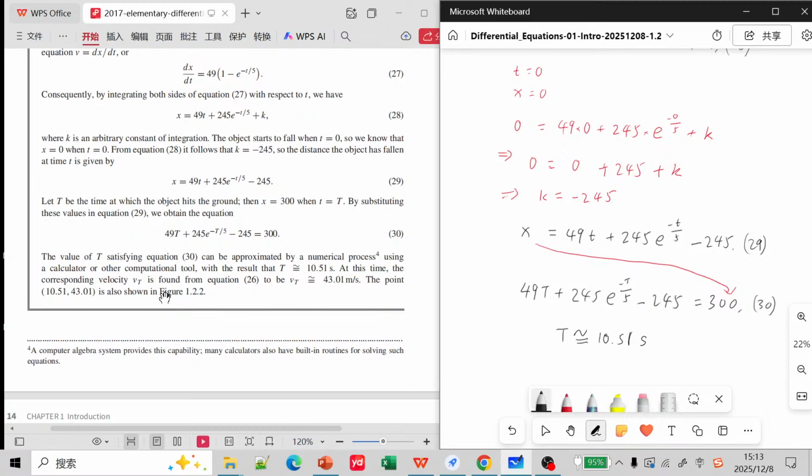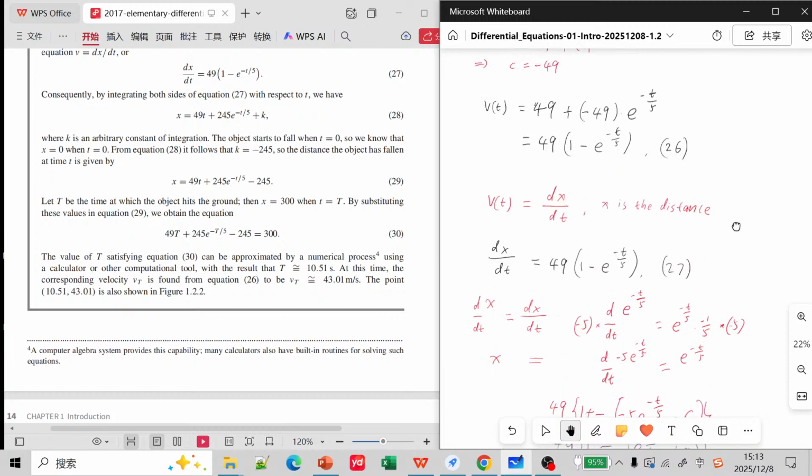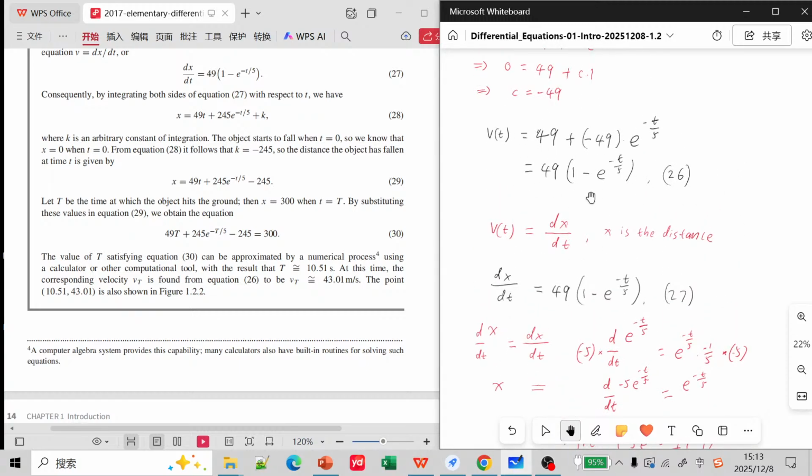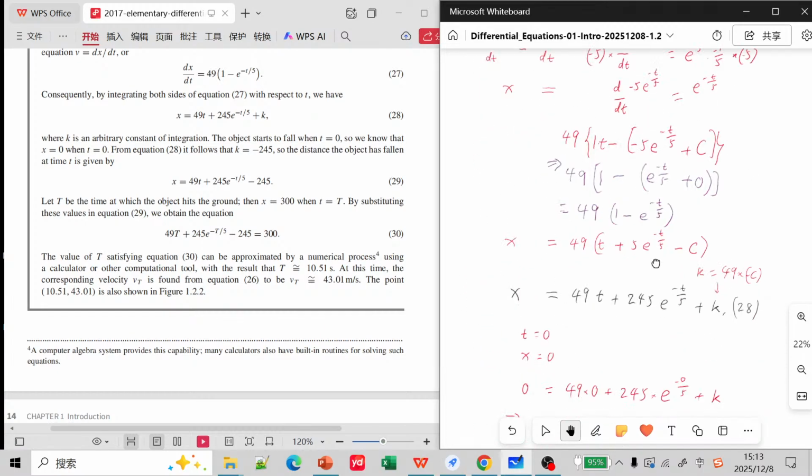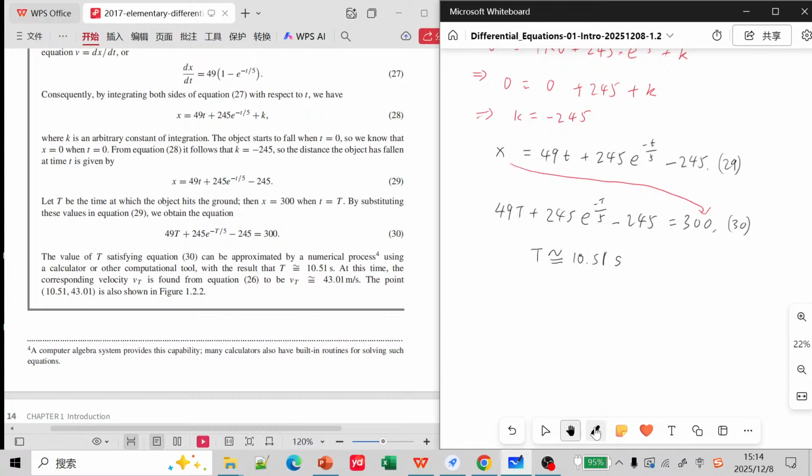At this time, the corresponding velocity v(T), we can go back to use the solution we have at the early time and insert the T's value here, and then we can get v of T. So we can get v subscript T is approximately equal to 43.01 meters per second.